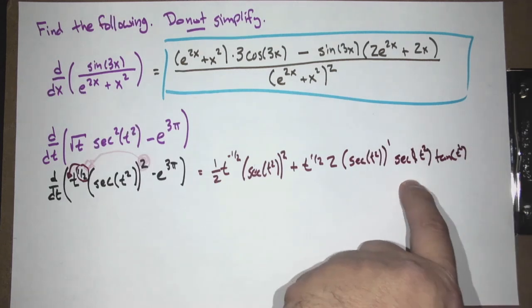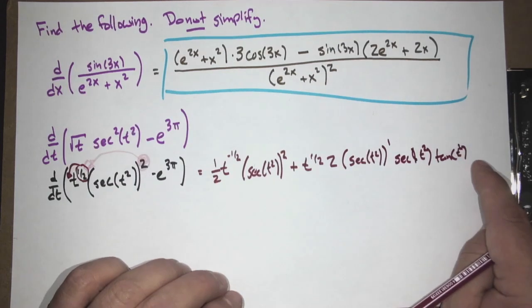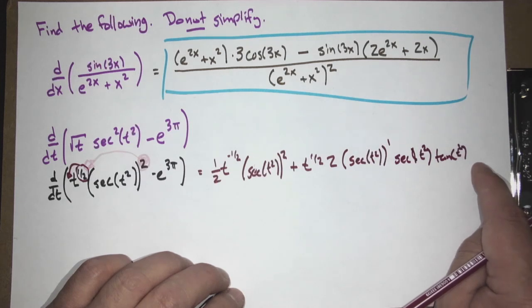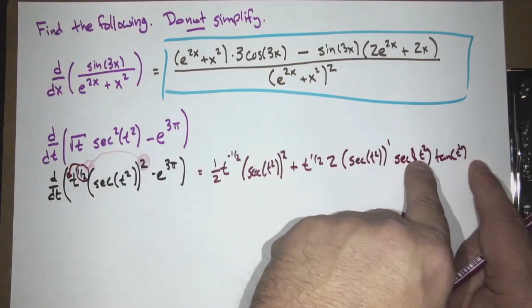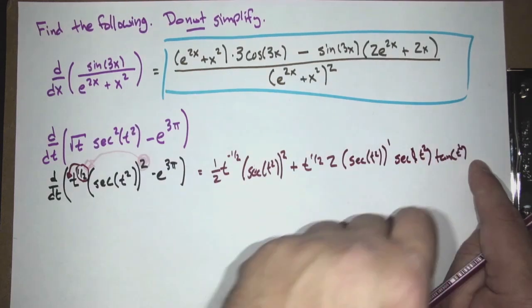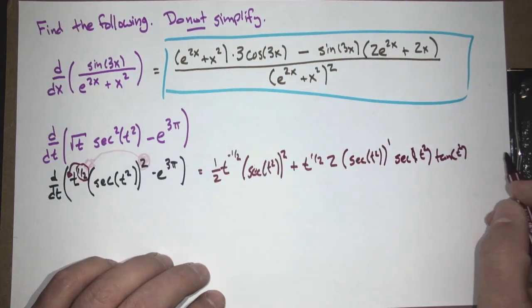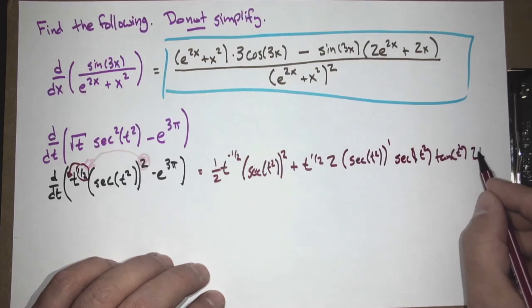All right. Now, are we done? If not, what comes here? 2t. Now, do I need one 2t or do I need two 2t's? Just one.